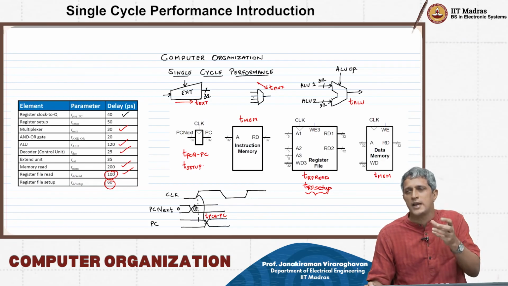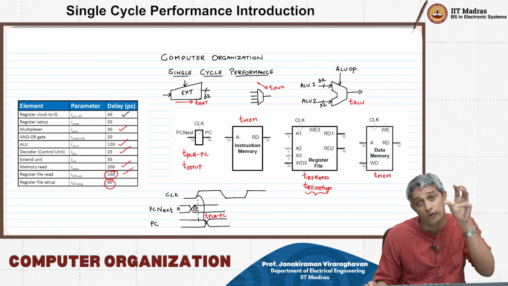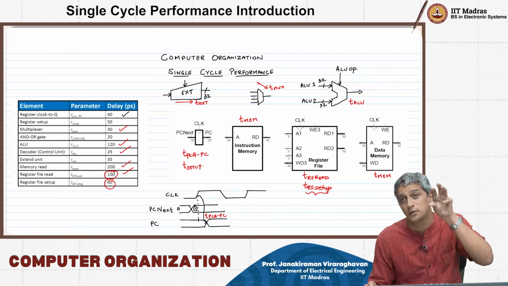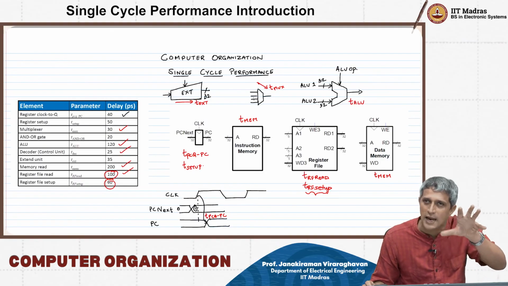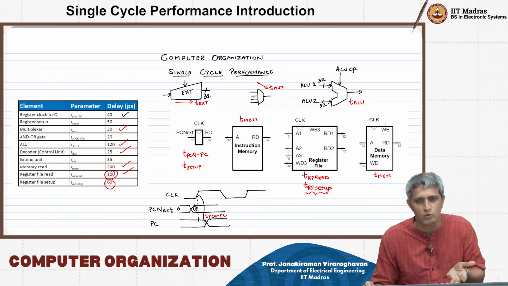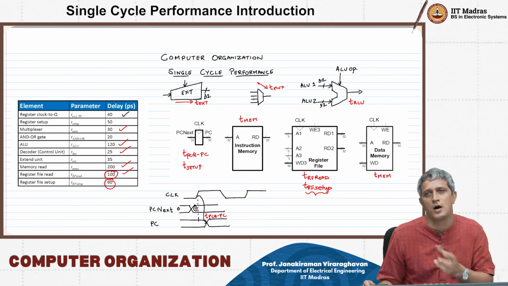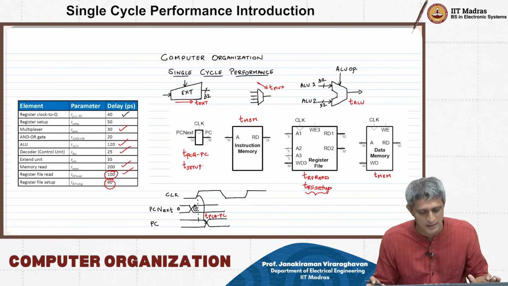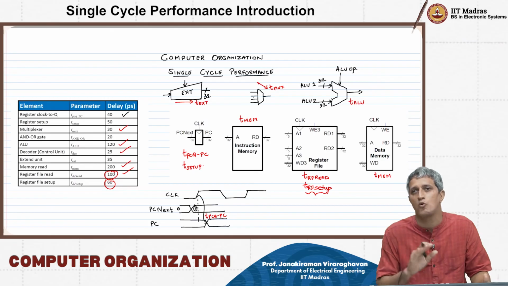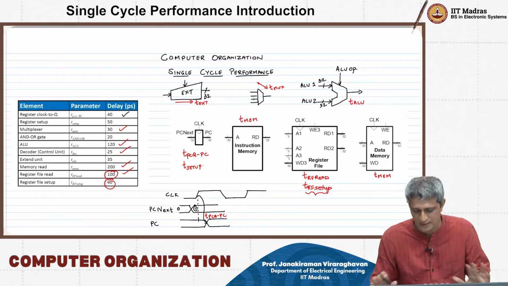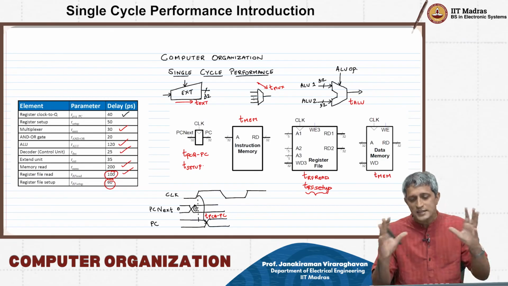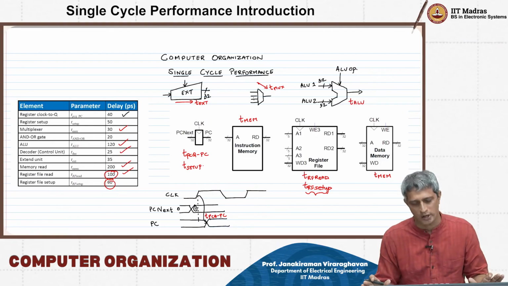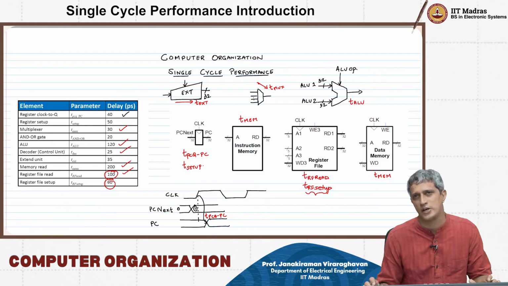Write enable means there is a mux sitting before the flop, and that delay of about 10 picoseconds is going to increase the setup time of your TRF setup. So that will be slightly larger than your register setup without a write enable. That's the difference. So these are the delay elements that we are talking about. Their values are given here.